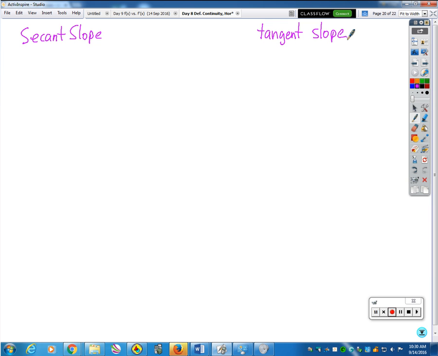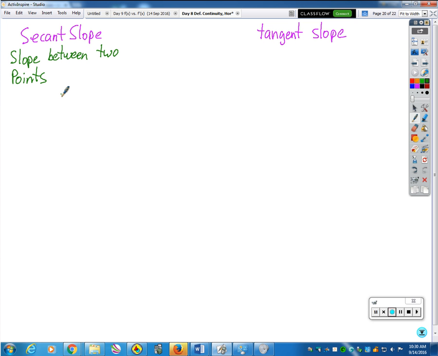Related but similar ideas. Okay, secant slope is what you have studied for years and years. It's the slope between 2 points. So prior to calculus, you thought of that as just being slope. Slope between 2 points. Again, we can't think of it as just slope any longer because we study tangent slope as well.